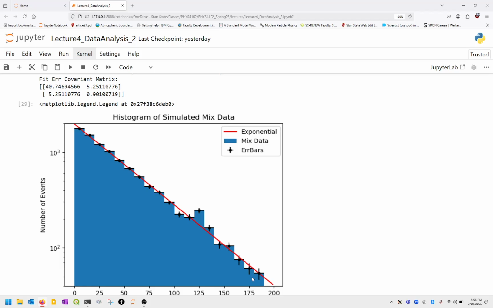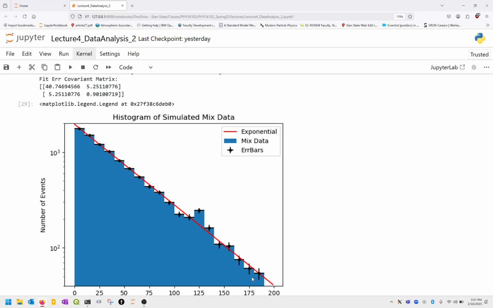This gets you pretty close to the answer, but you could get closer very easily. The signal is there, so what's happening is this red line is being pulled up slightly by these black dots. That's not an exponential. This is a Gaussian right here. So how do we do that?